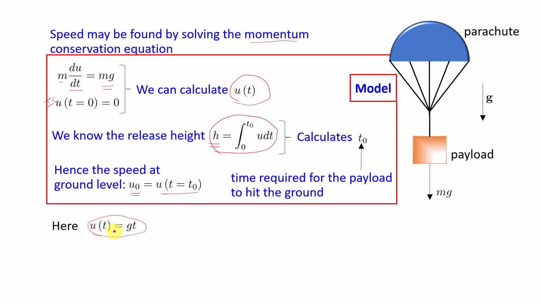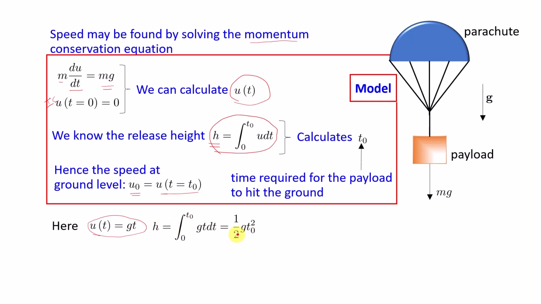If you don't remember it, you can actually solve it as gt plus c and then use the initial condition, so the constant will be 0. So u is gt. Then we come to this integral, and this integral, from 0 to t0 of gt, which is my u, dt, gives half g t0 squared.